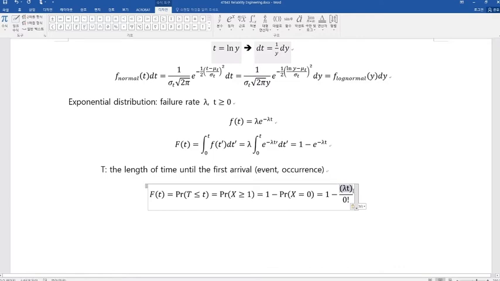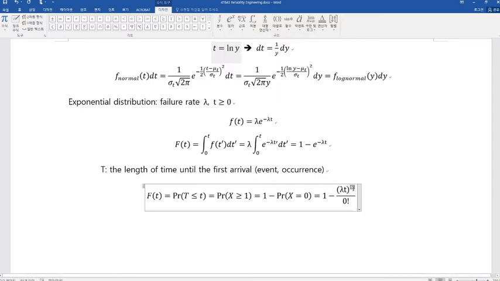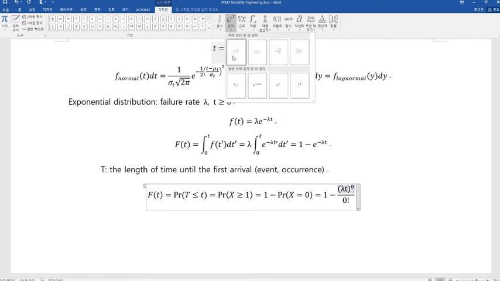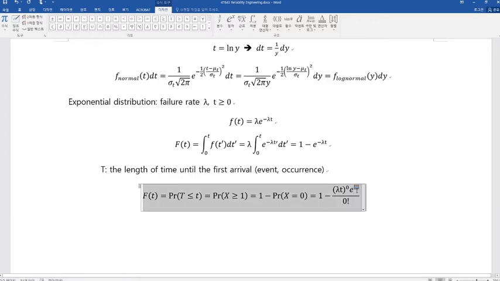Rho to the power k, and here k is 0, and exponential minus rho. And as I told you, rho will be the same as lambda t.